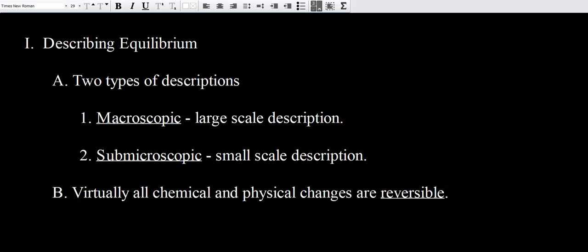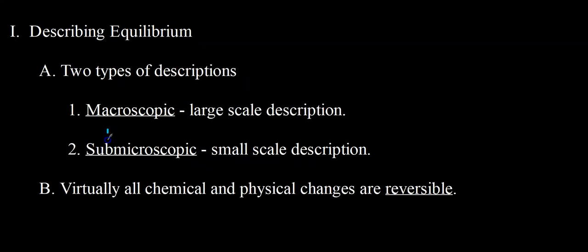And then we'll look from the submicroscopic or particulate level, the molecular level, so to speak. In terms of if we could actually see the particles that are involved in the reaction and what they are doing. So we'll look from both of these perspectives.